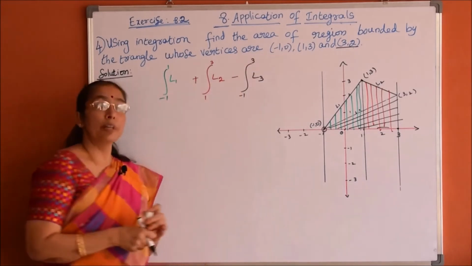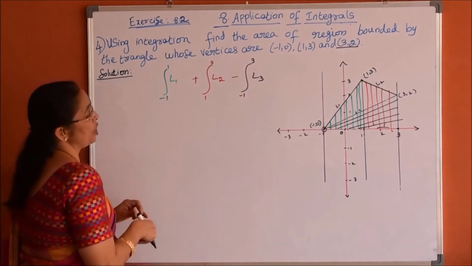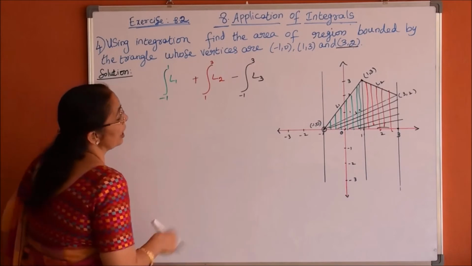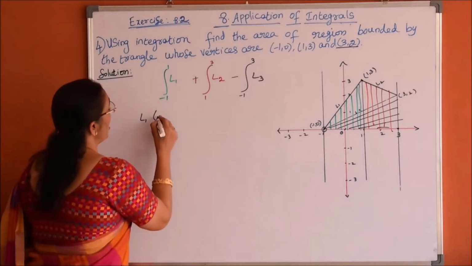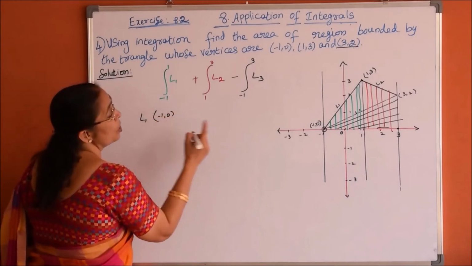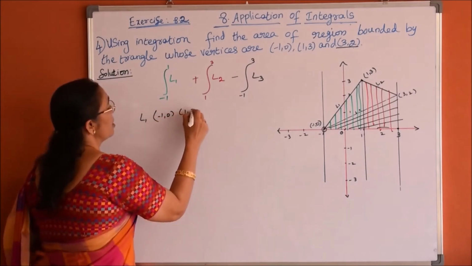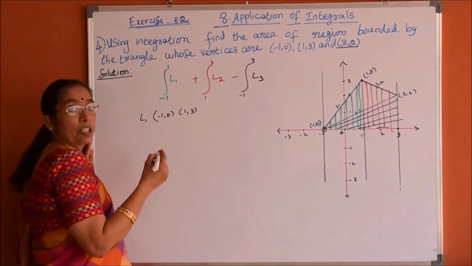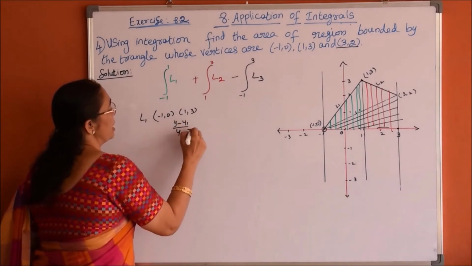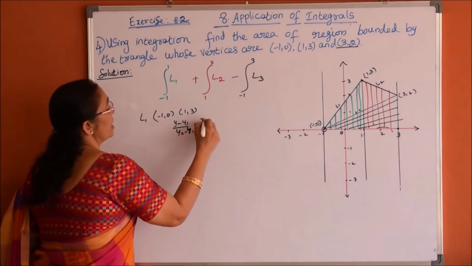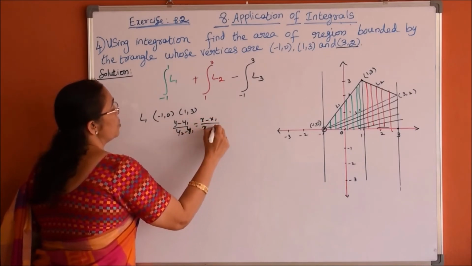Fine. First, let us find the equation of straight lines L1, L2 and L3. Now, the L1 line is passing through 2 points. The points are minus 1, 0 and 1, 3. The formula to find the equation of a straight line passing through 2 points: y minus y1 by y2 minus y1 is equal to x minus x1 by x2 minus x1.